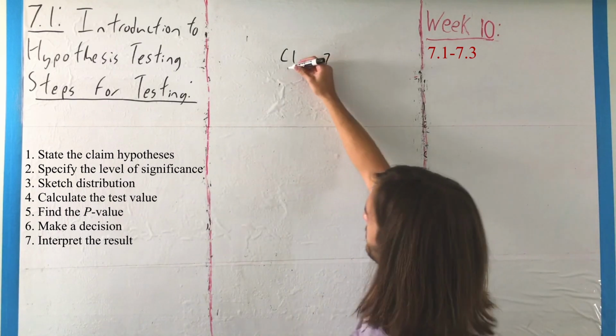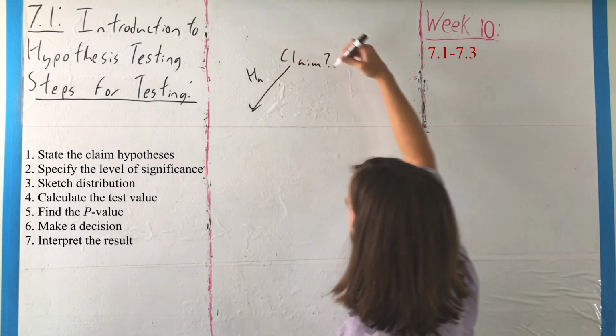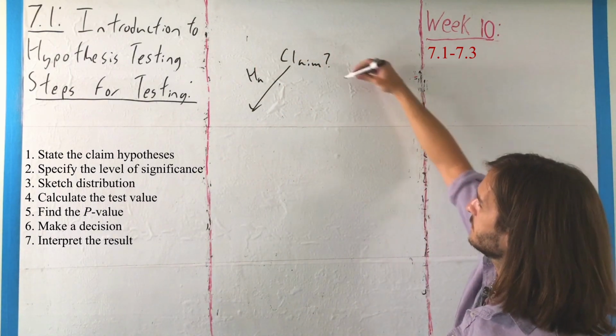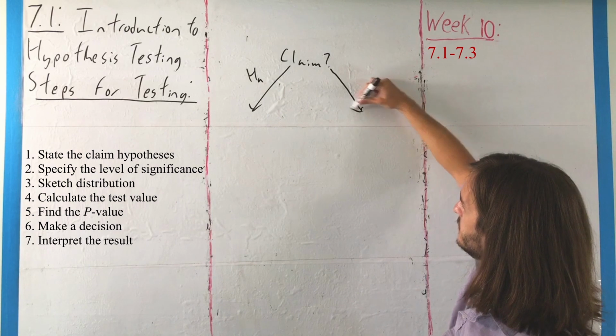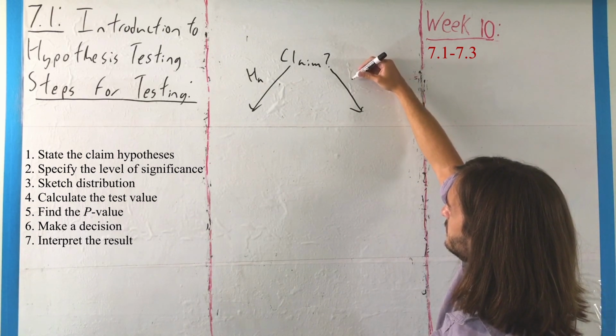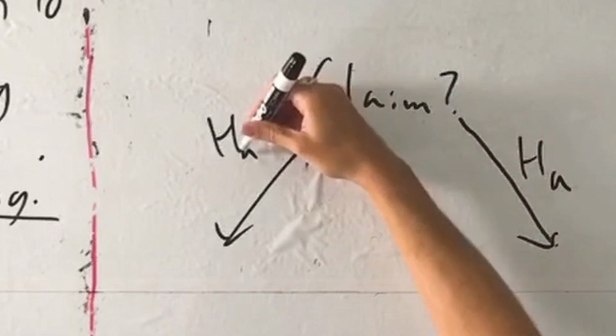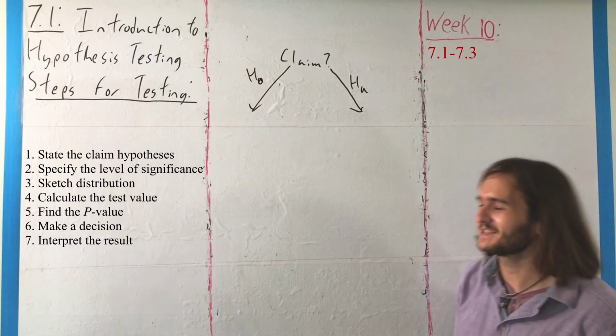Are we claiming something in terms of the null? Or are we claiming something in terms of the alternative? That's not how you write null. It's a silly mistake.